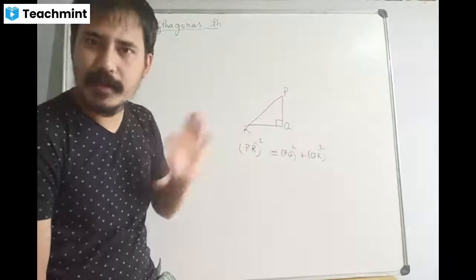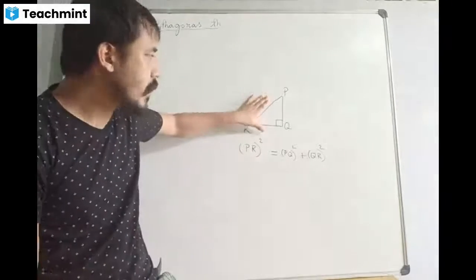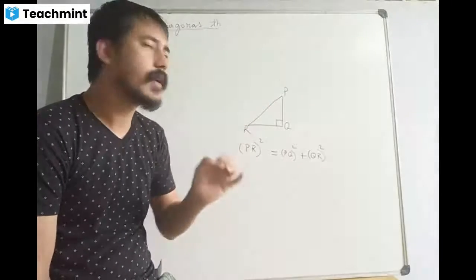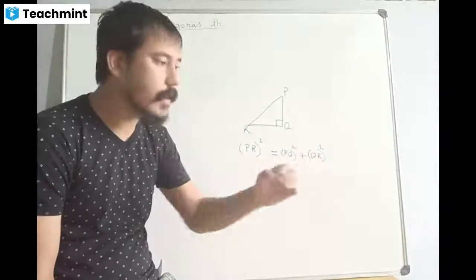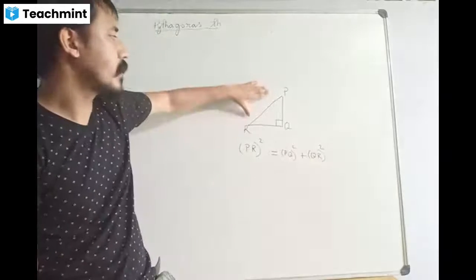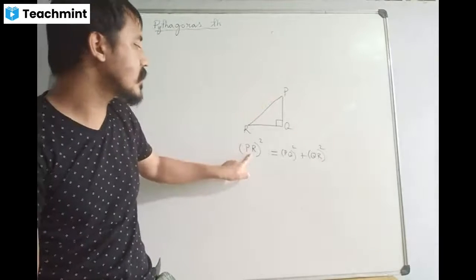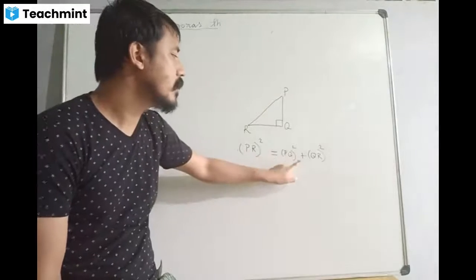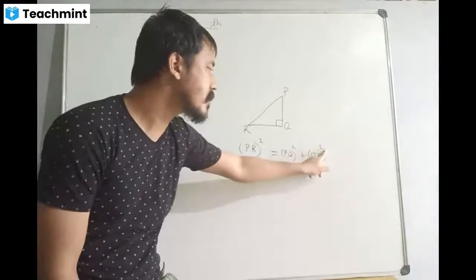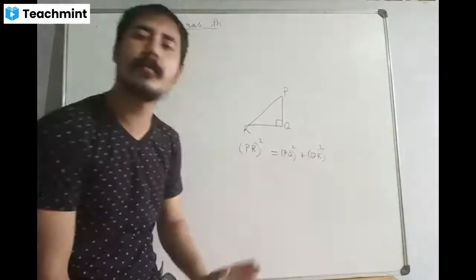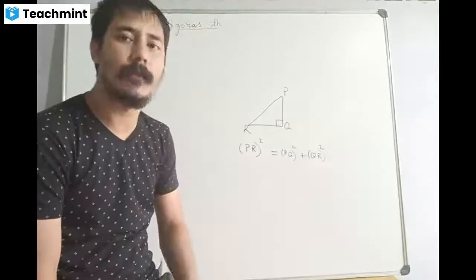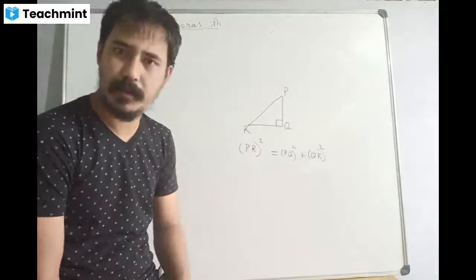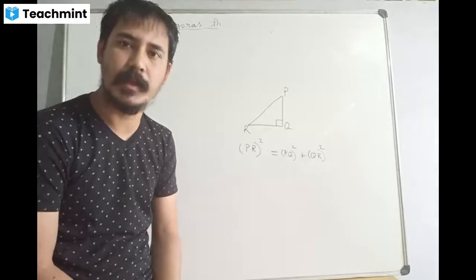Pythagoras theorem states that in a right triangle, you must always start with the words in a right triangle, the square on the longest side is always equal to the sum of squares on the other two sides. That statement is going to fetch you 1 mark if it is asked in the examination.